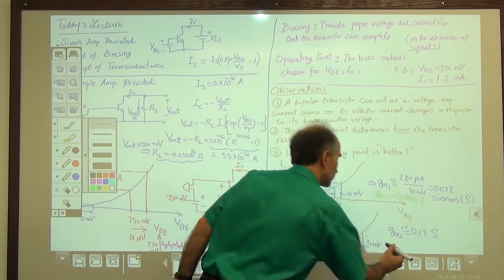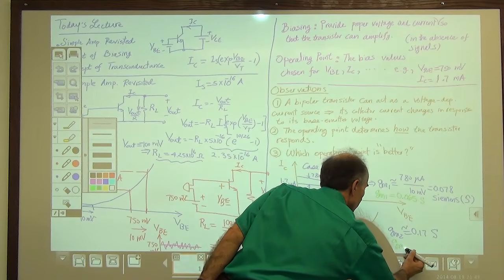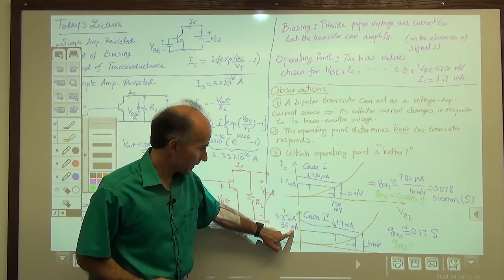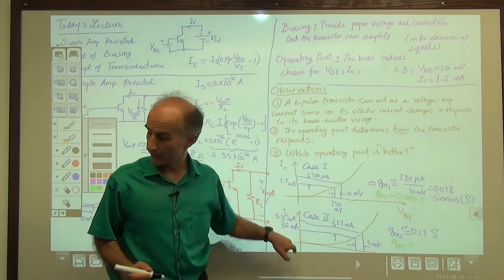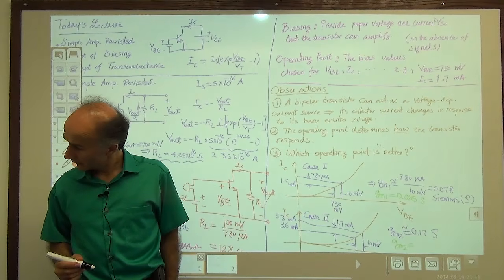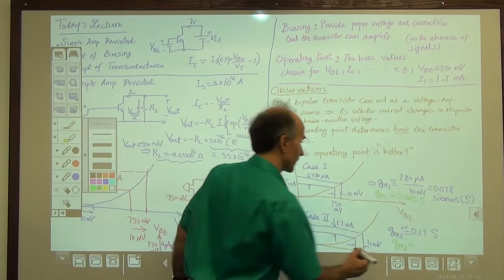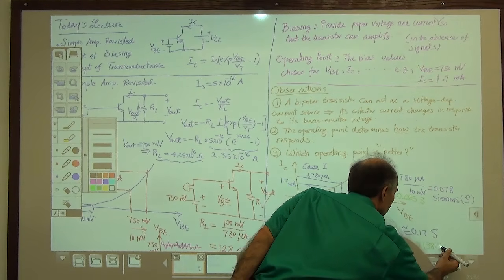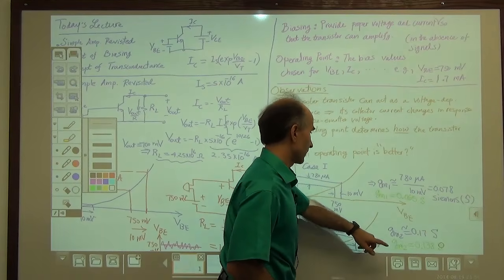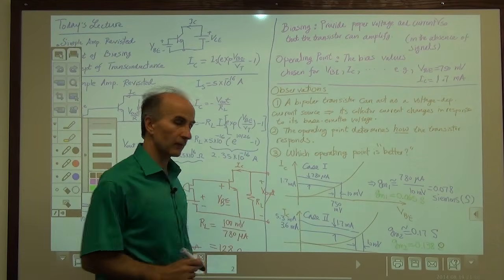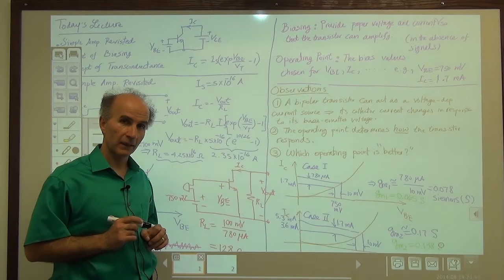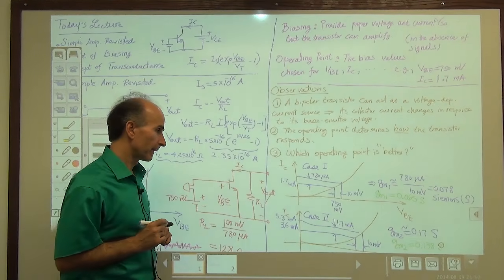And for GM2, we have 3.6 milliamps divided by VT, and that gives us 0.138 Siemens, also less than before. This is just to make sure that we have exactly correct values.